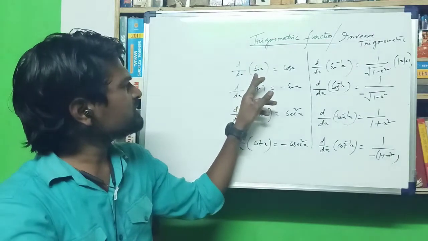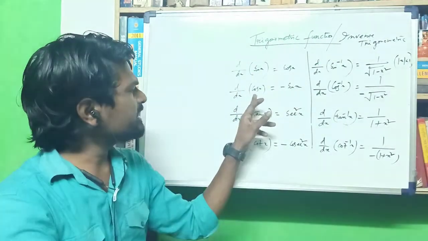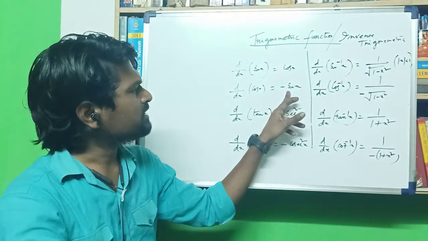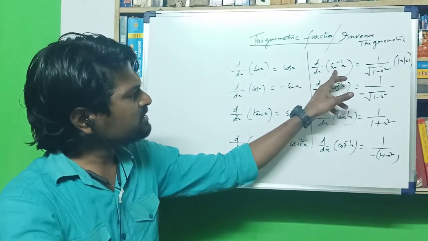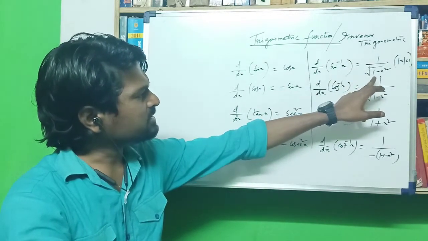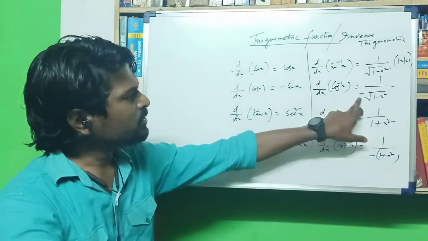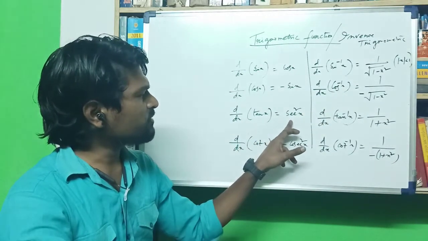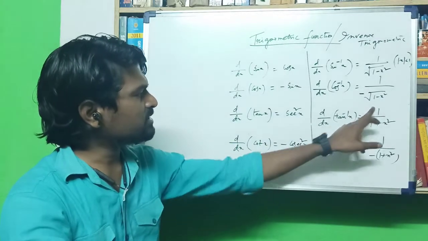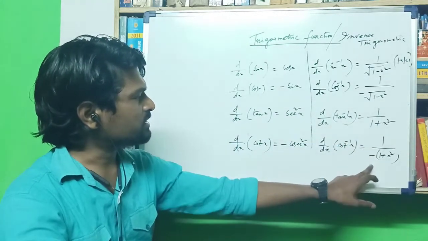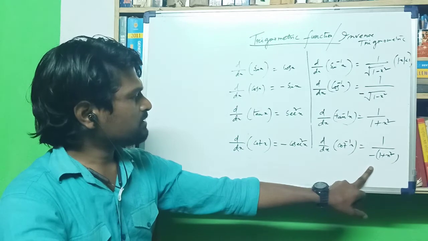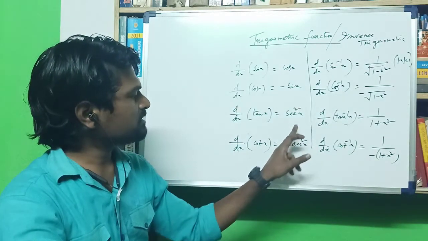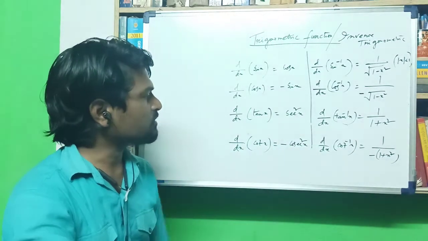So d/dx of sin x equals cos x, but d/dx of cos x equals minus sin x. d/dx of sin inverse equals 1 by root over of 1 minus x square, and here cos inverse equals minus that. d/dx of tan x equals sec square x, but d/dx of tan inverse equals this, and cot inverse equals this. So sec square x, minus cosec square x.